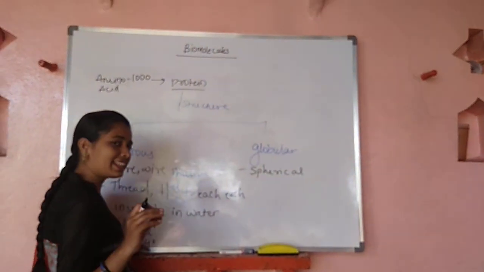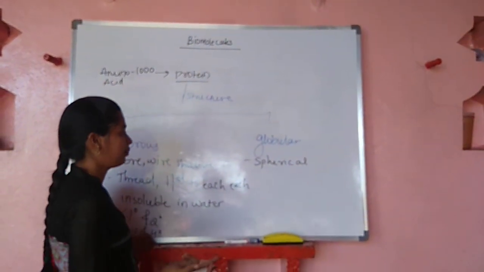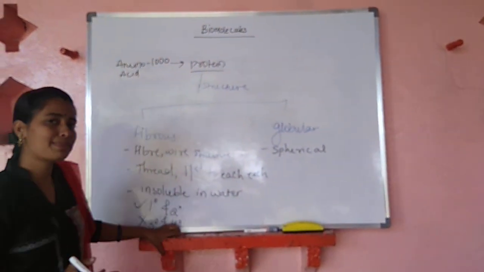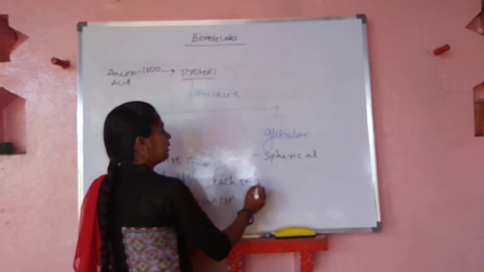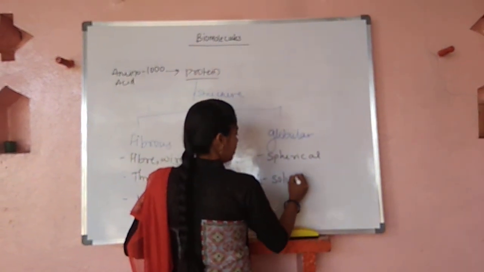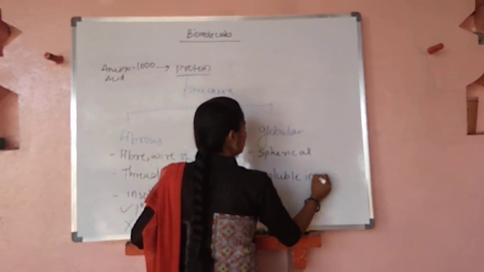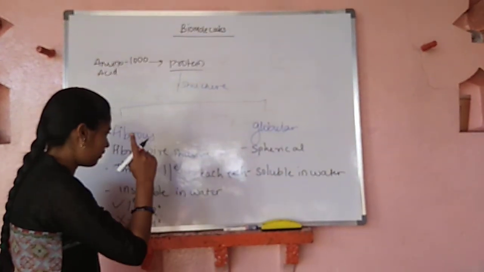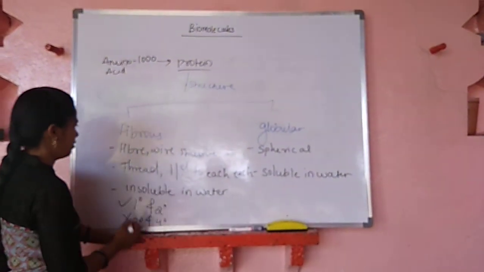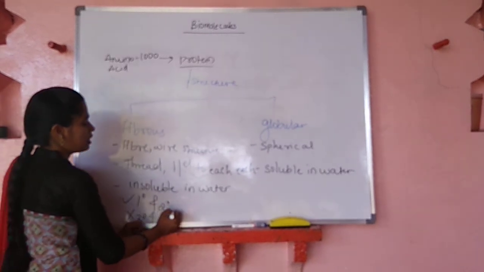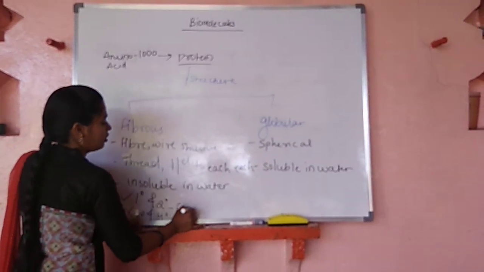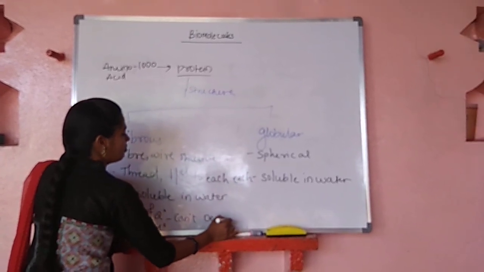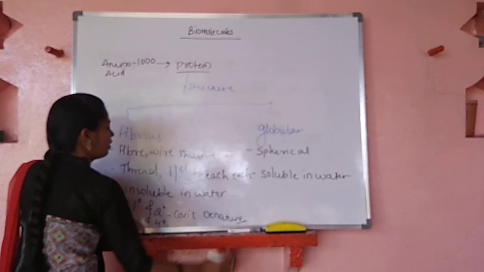By taking the example, I will explain you again. The shape of globular protein is spherical and they are soluble in water. And one more thing I had forgotten, fibrous protein can't denature. Student, what is meant by denature?